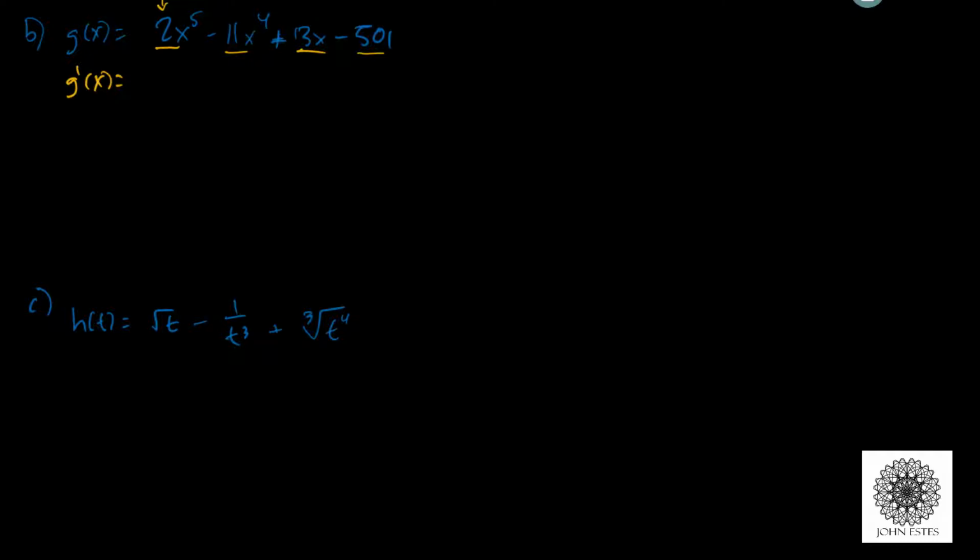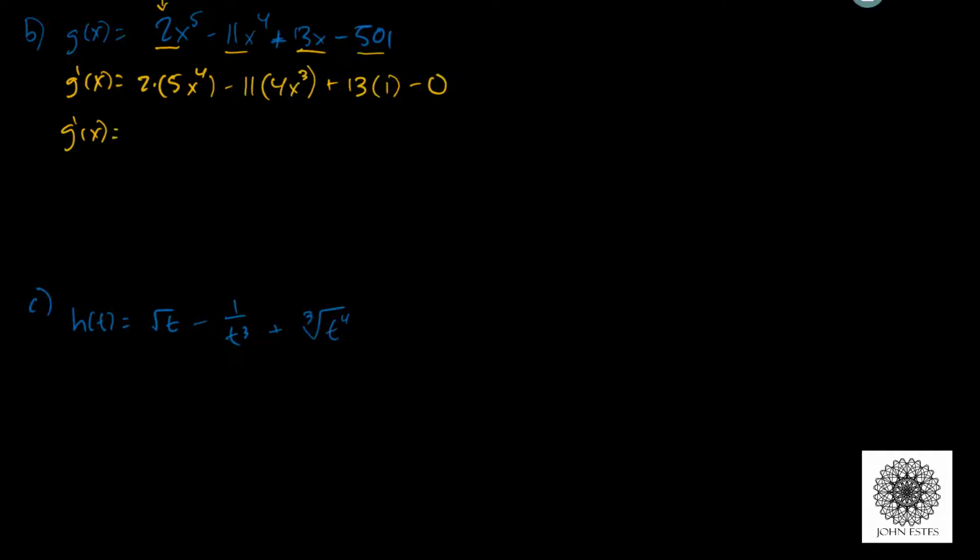You could take the derivative and then multiply in the constant, so I'm going to have 2 times 5x to the 5 minus 1 power, which is 4, minus 11 times 4x, drop the power by 1, that's 3, plus 13, the derivative of x is 1, minus, well, the derivative of a constant, this 501, its derivative is 0.